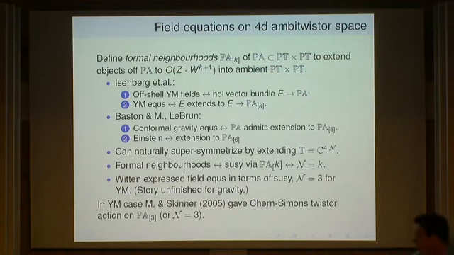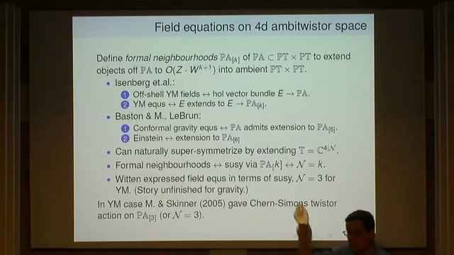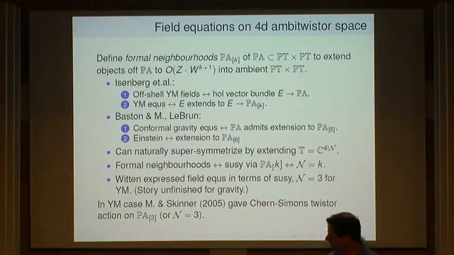Roughly speaking, if you think about it in terms of linear theory, instead of having a holomorphic vector bundle, you might have a line bundle defined by a cohomology class. You ask about a cohomology class on ambitwistor space that corresponds to a Maxwell field that doesn't satisfy any equations.